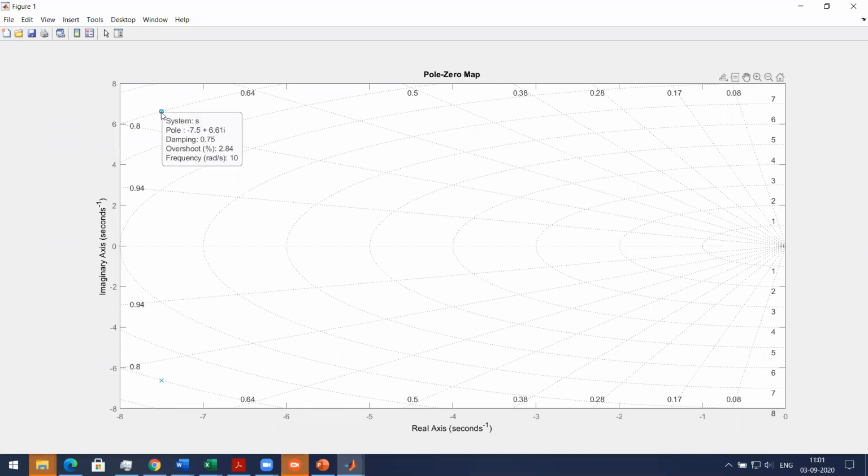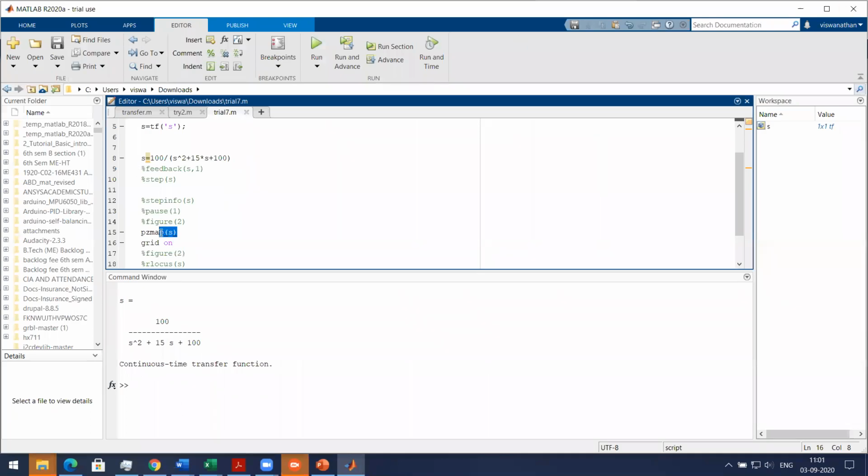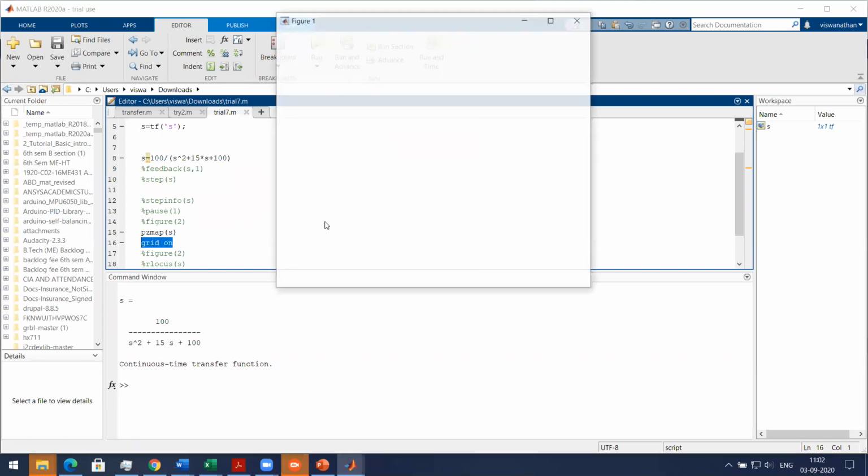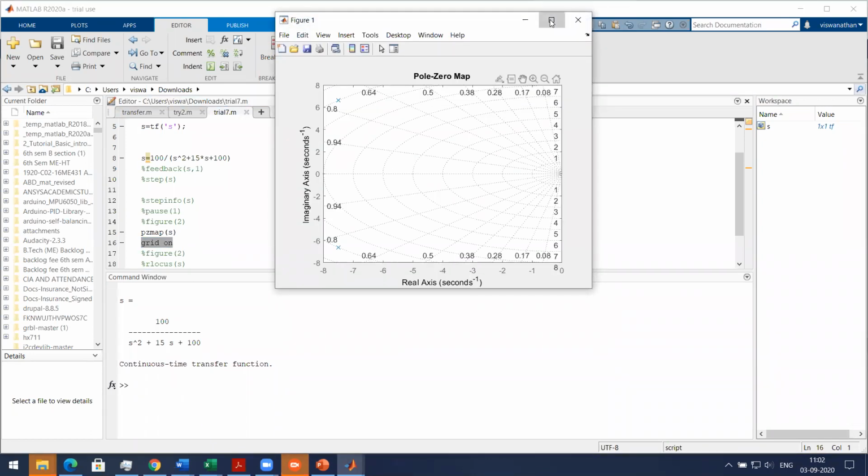So that is 0.75. What you did to get this was use the normal pz map command and then say grid on. When you use grid on, it gives the damping ratio lines.